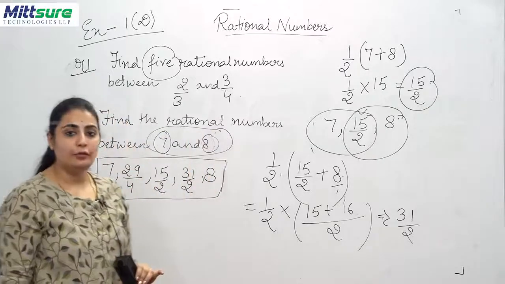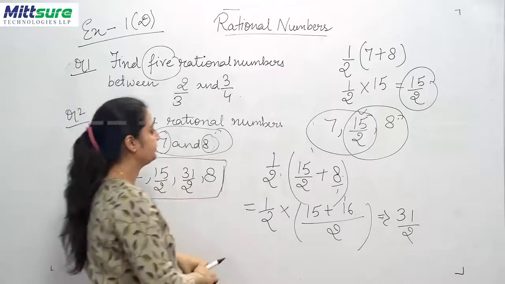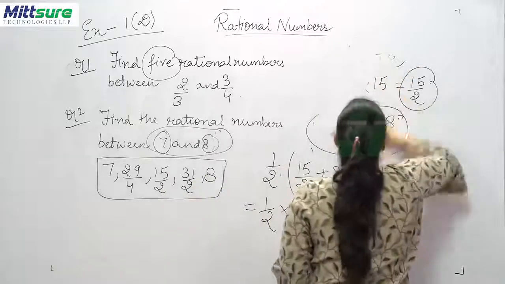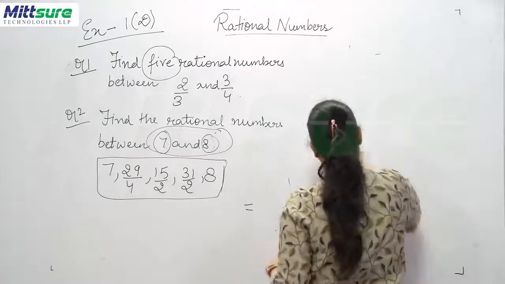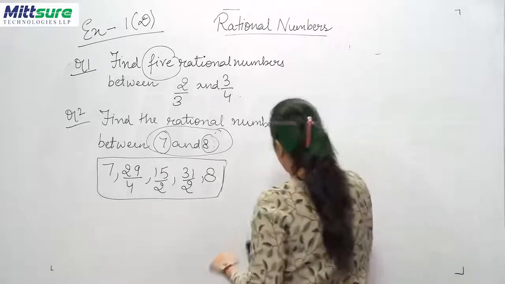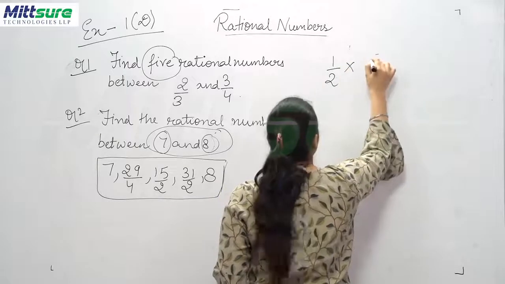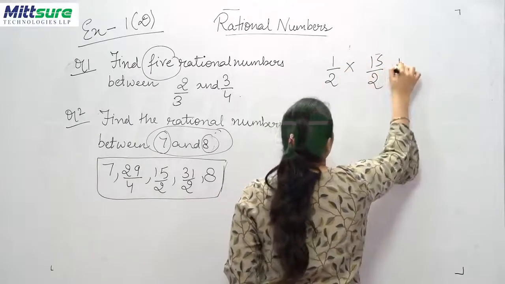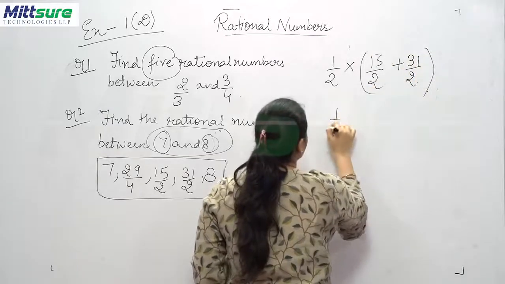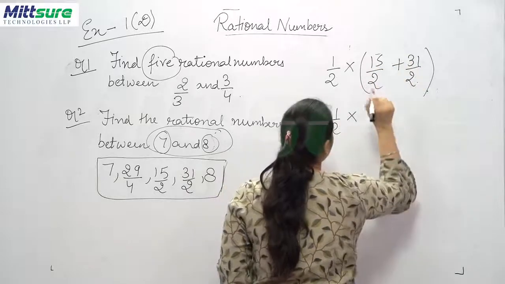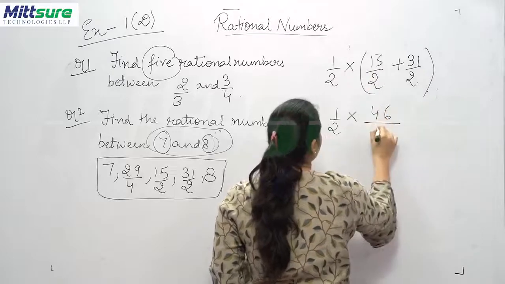Now let's take two more, 15 upon 2 and 31 upon 2. Can we find the midline number between these two numbers or not? So 1 upon 2 multiplied by 15 upon 2 plus 31 upon 2. Clear? Now 1 upon 2 multiplied by 15 and 31 added gives 46 upon 2.